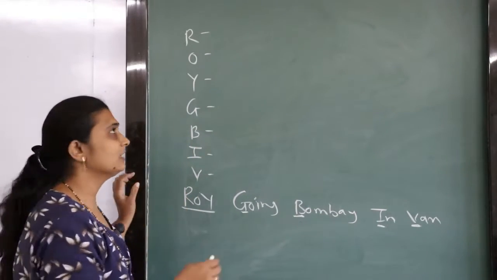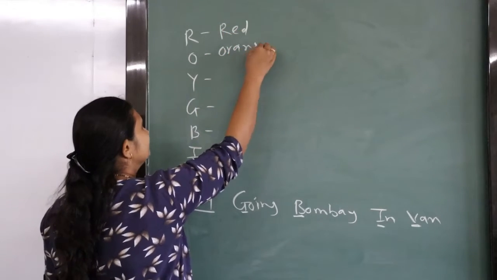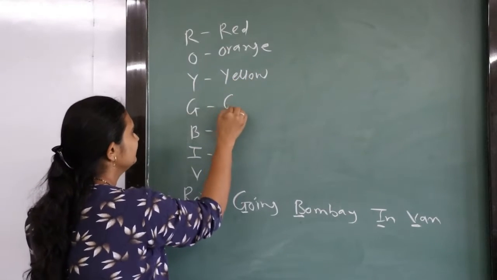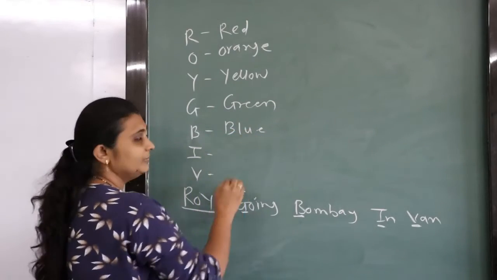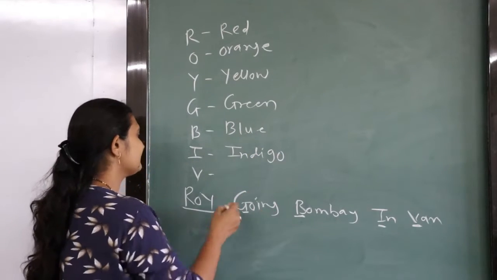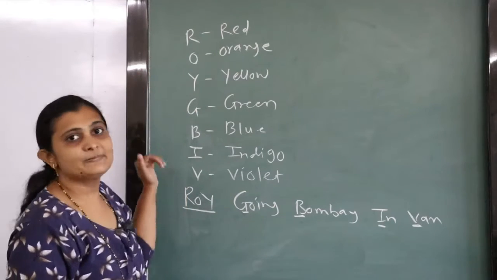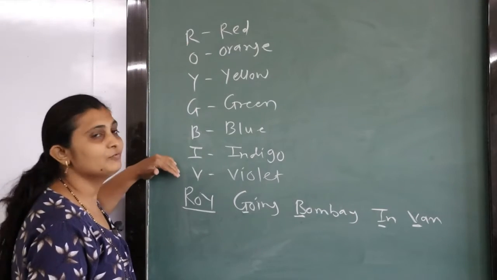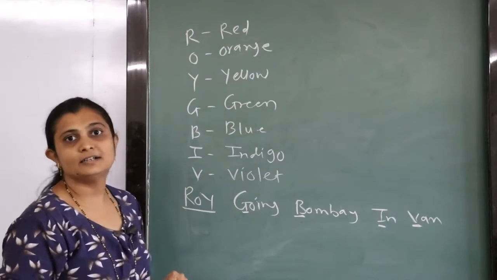Now I write all the colors. R for red color, O for orange, yellow, green, blue, indigo, and last one is the violet color. Now this band of 7 colors is called the spectrum, and these are the colors from red to violet. We always get red color upper side and violet color downside.